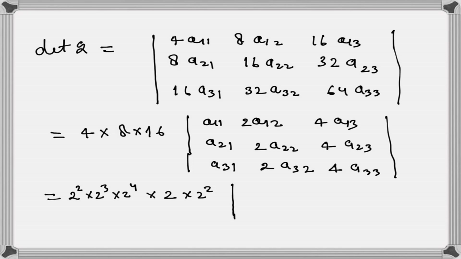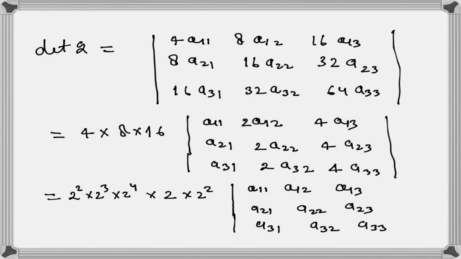So now we get a11, a12, a13, a21, a22, a23, a31, a32, a33.